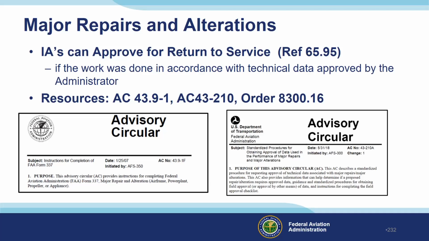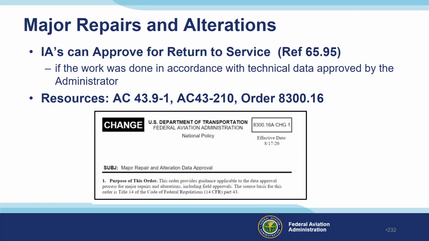Gets you headed in the right direction. Probably the main one, though, is this 8300.16A. I highly recommend that if you're going to do a major repair or alteration, you become really familiar with that.